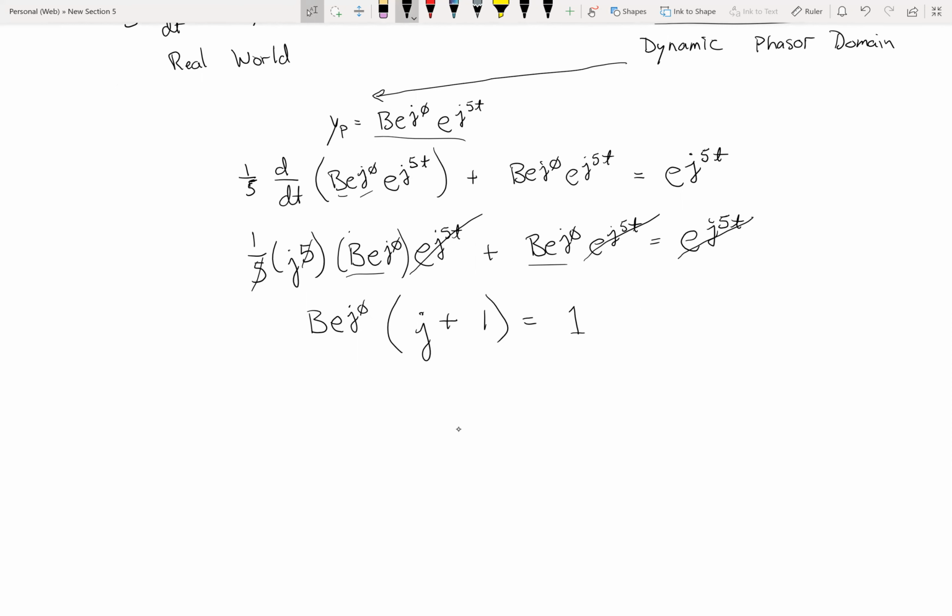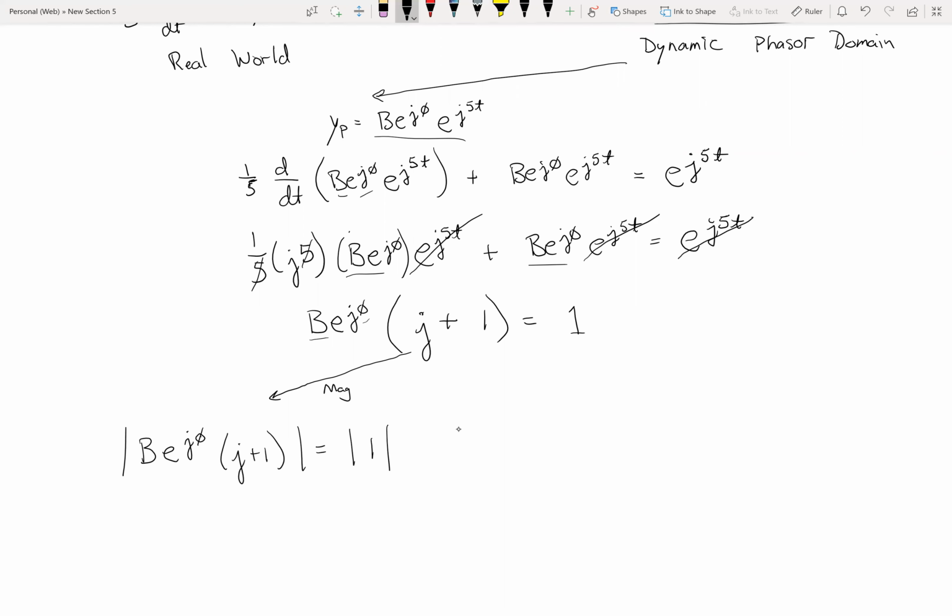So my point is I don't know b, I don't know phi, but I can solve and figure out both of them from this expression. Let's start first with the magnitude b, okay? If I take the magnitude of both sides, b e to the j phi times j plus 1 equals the magnitude of 1.